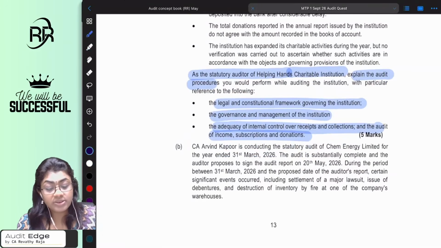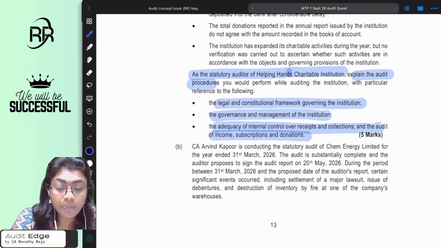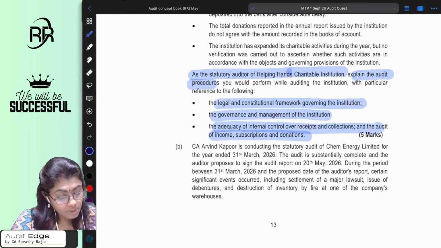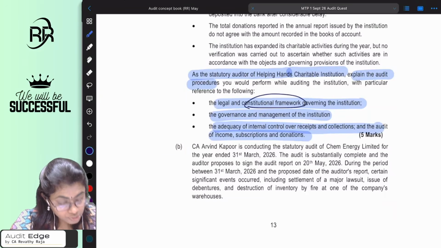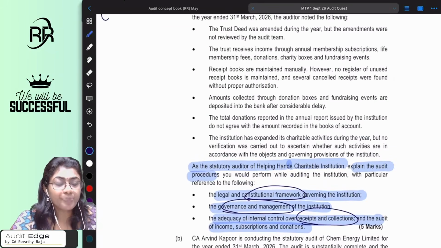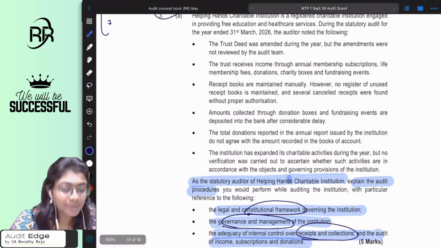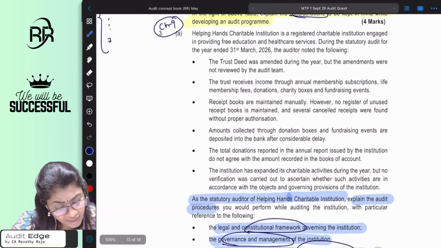So I always advise the children, don't study with the common points, guys. You have to be specific to the question which has been asked. So they have asked regarding the constitution you have to write, regarding the governance, regarding the receipts of donations. So many points you'll get from the question. See, the auditor noticed the trust deed.